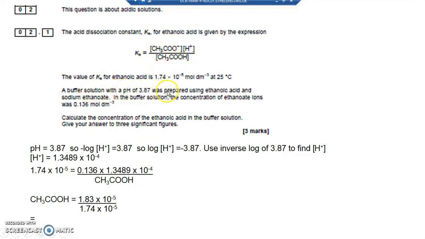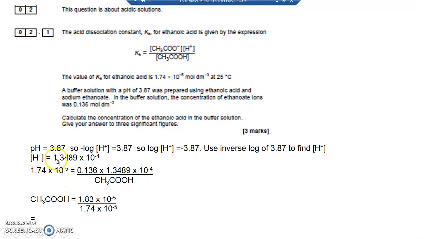In the buffer solution, the concentration of ethanoate ions, that's those on the top, was 0.136. I've got to work out the concentration of ethanoic acid on the bottom, so I've got all the values I need now.